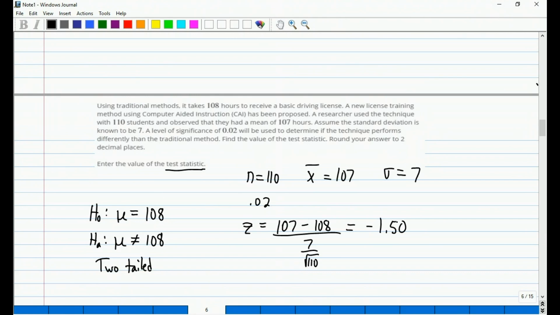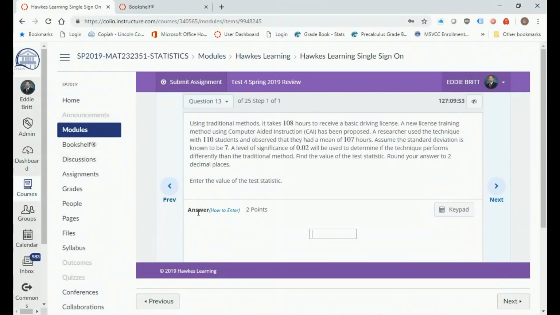So that's the test statistic. That's not the critical value. I would need the critical value, which I'm not going to worry about because it's not what it's asking for. But if I knew the critical value, then I could see if this lies within the critical region or the rejection region. All right, but I'm just going to put in the answer. Negative 1.50.